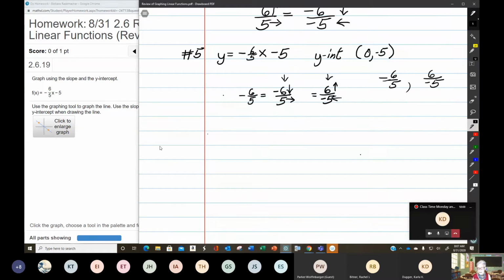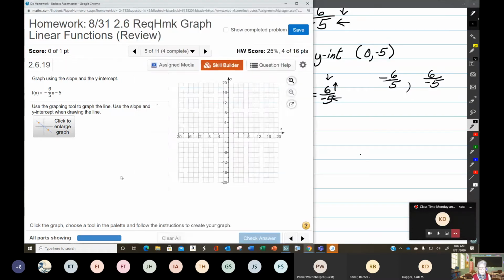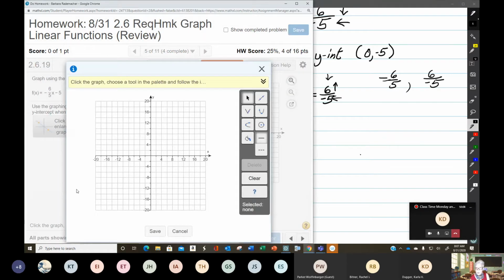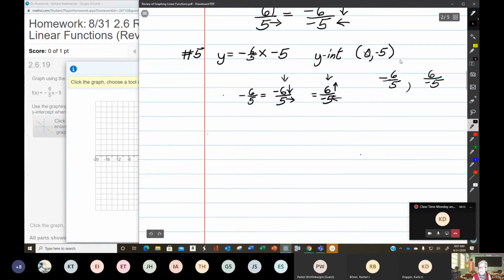Okay, because this page is kind of covered up. Okay, now I'm going to click. My y-intercept is -5, which has nothing to do with that 5 down there, just so you know. It's a coincidence.